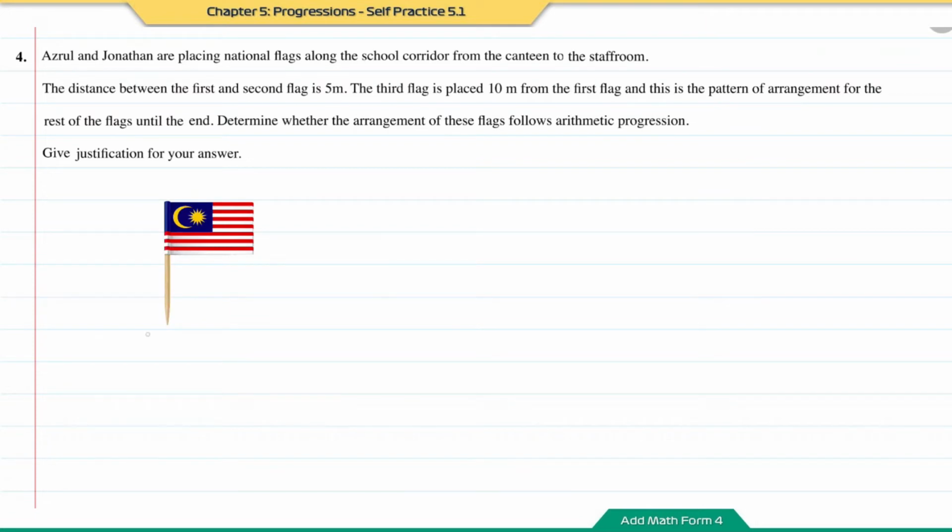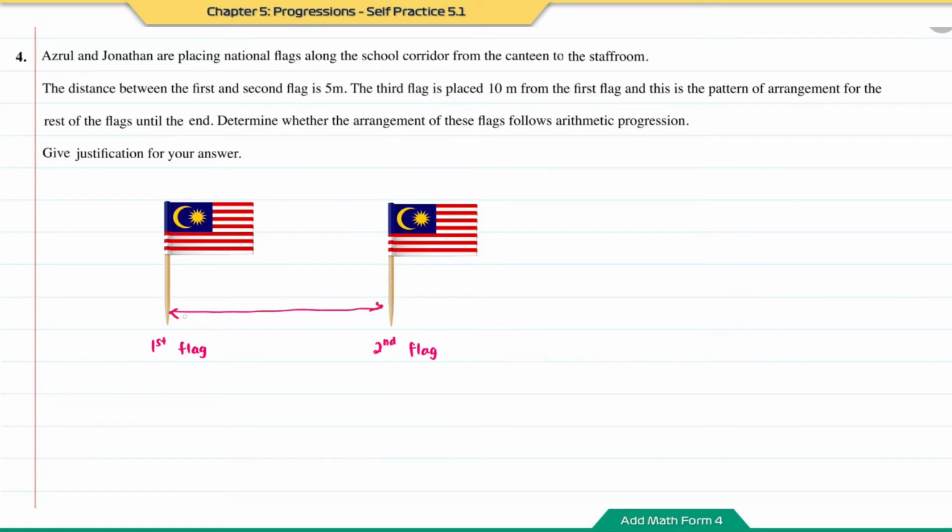Let this flag here be the first flag, and this one be the second flag. The distance between these two flags is equal to 5 meters.